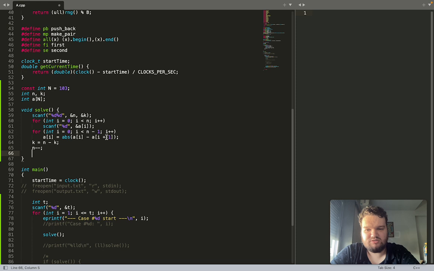Now among those n-1 differences, we want to calculate the sum of the k minimum values. The obvious way to do that is to sort the array and then just calculate the sum on the prefix of size k. But we don't actually have to sort it.